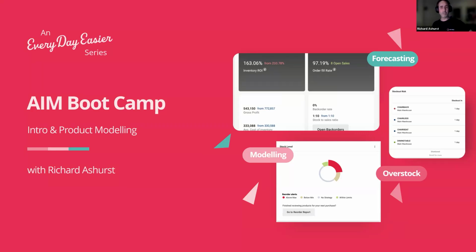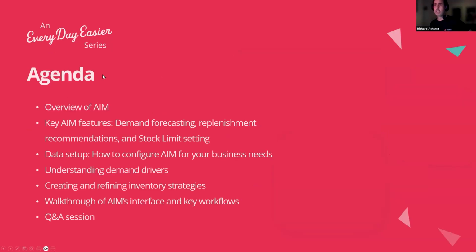So basically today we are looking at a bootcamp with AIM, which is getting up and running with the biggest bang for your buck, or the time that you're expending on this system. I'll just start off by mentioning a few things as we go through. It won't hopefully be death by PowerPoint.